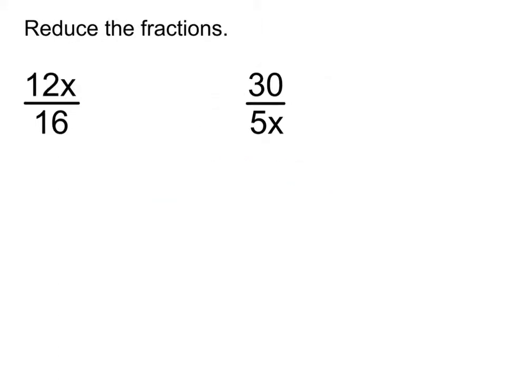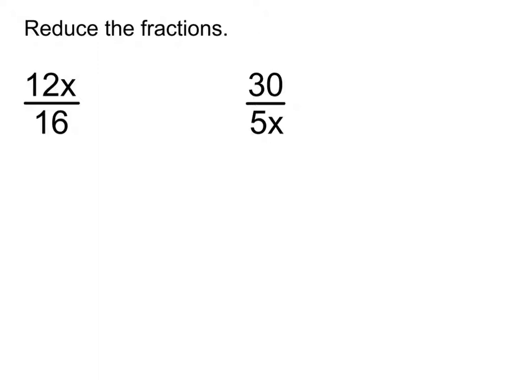All right, now where we're going with this today is we're going to be throwing variables into the whole deal as well. So we're going to reduce these fractions. And again with these, you'll notice that they kind of bring us back to the factoring work we did at the start of class.